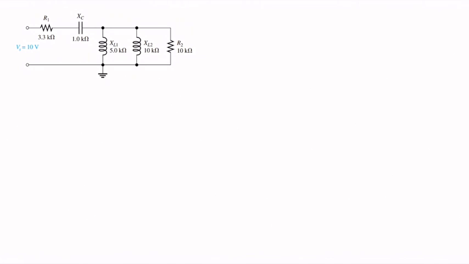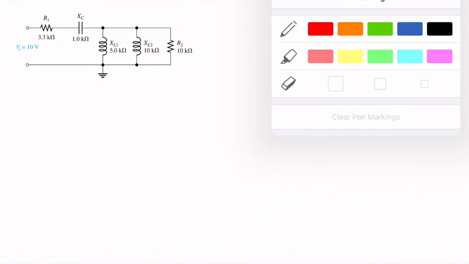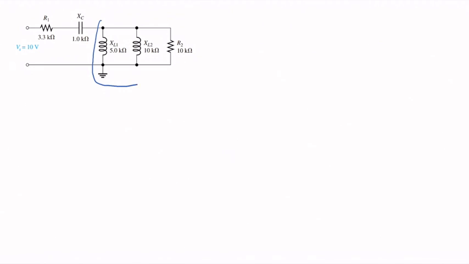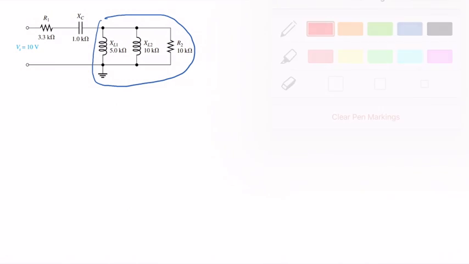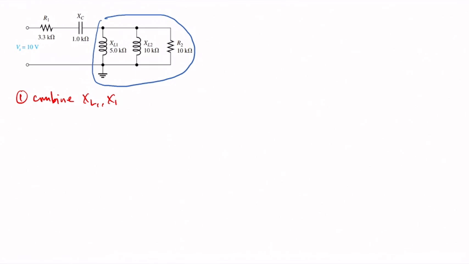So the first thing that we need to do is to combine these three circuit elements that are parallel to each other. So let's write it down here. Combine XL1, XL2, and R2.